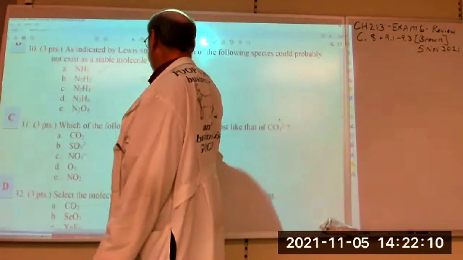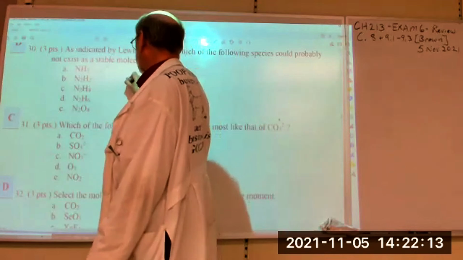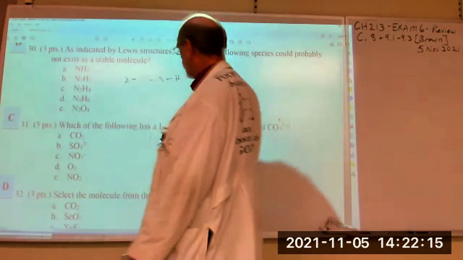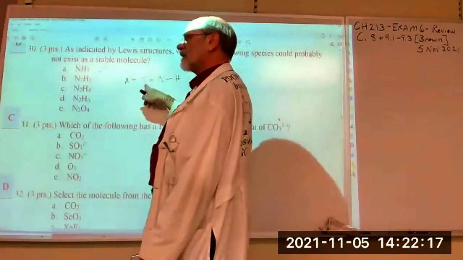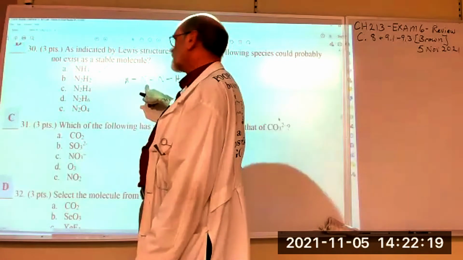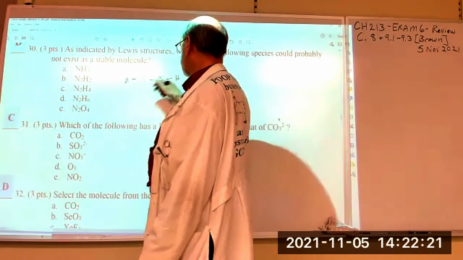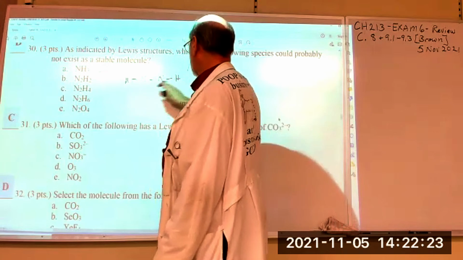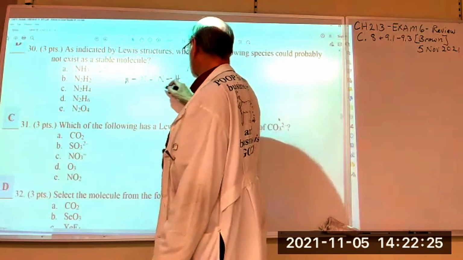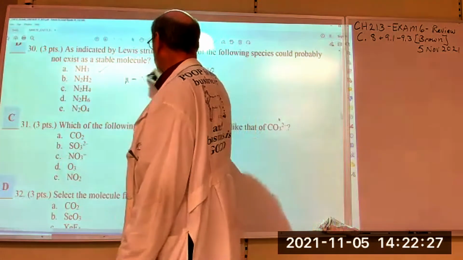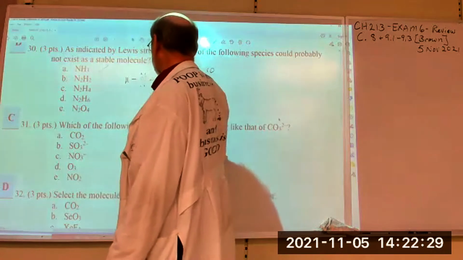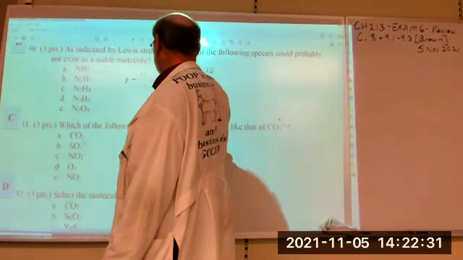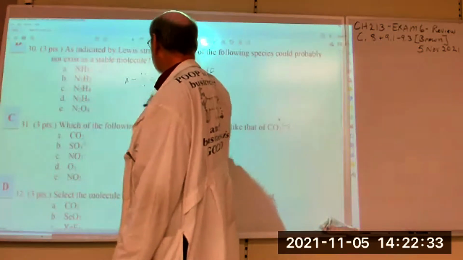N, and then hydrogens. Okay. So we got nitrogen is 7, 14, 15, 16. We've got 2, 4, 6, so we need 10 electrons. 1, 2, 3, 4, 5, 6, 7, 8, 9, 10.